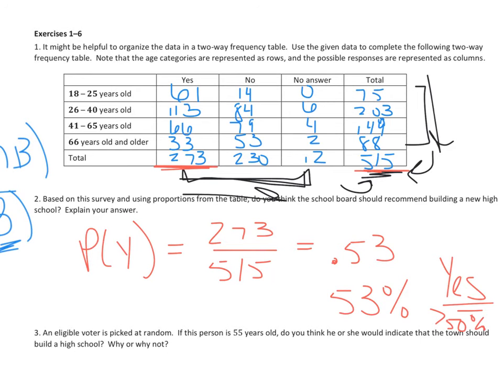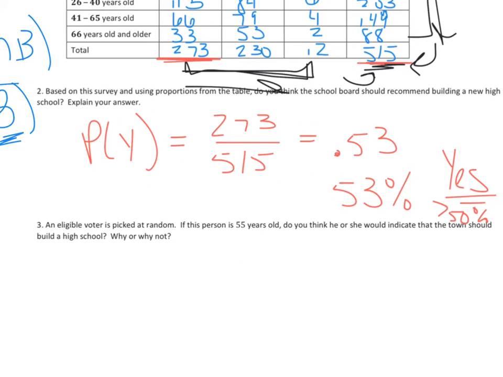Now, the next example is a conditional probability, and the reason why is because of this. It says an eligible voter is picked at random. That's kind of similar to what we did in the previous example, but there's something different about this problem. They say if this person is 55 years old, this is a condition. This must happen first before we can do anything. Do you think they would indicate the town would build a high school?